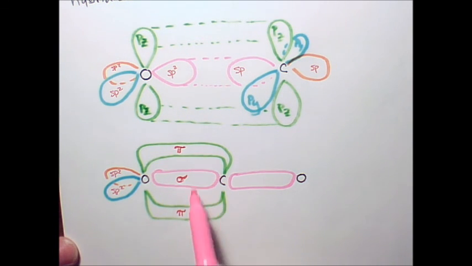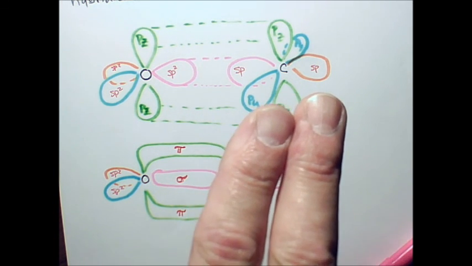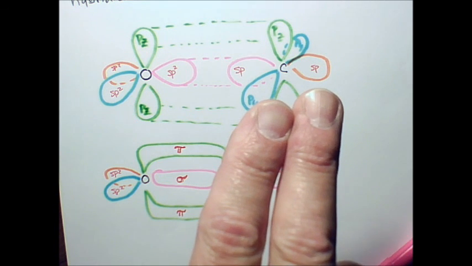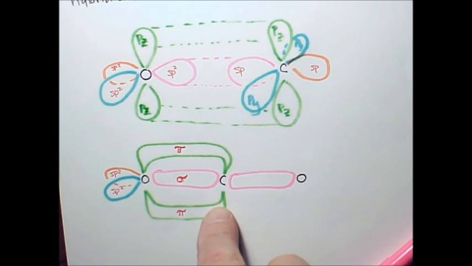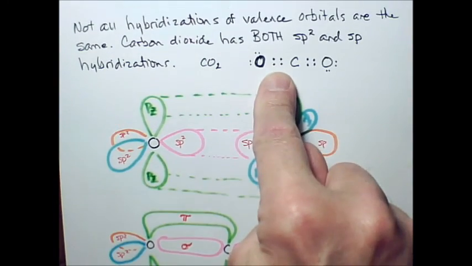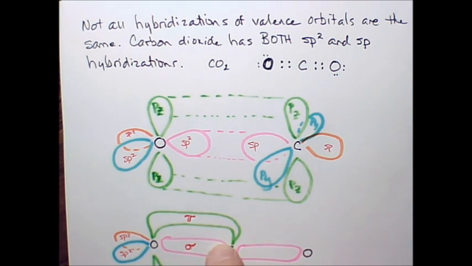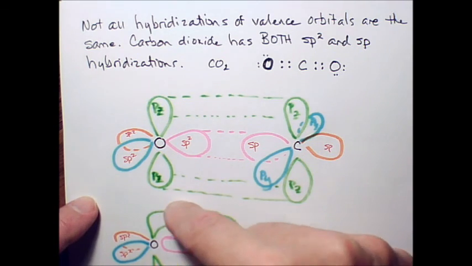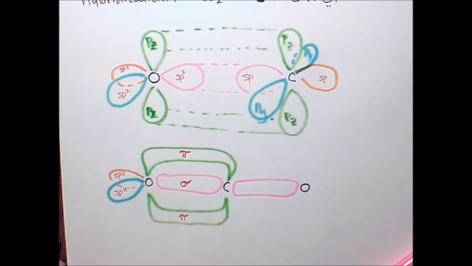Now, the reason they form these kinds of bonds: two electrons can occupy the same orbital only because they have opposite spins. So four electrons can't occupy the same space. I've got four electrons between the carbon and the oxygen, so I have to have one orbital here and another orbital top and bottom like this, so that they're not occupying the same space.